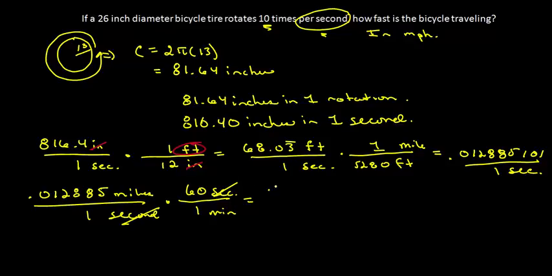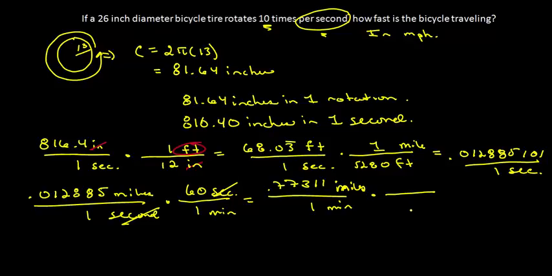So I'm going to have 0.77312, or excuse me, 311. If I round, again, where you're rounding to, the further out you go, the more accurate this is going to be. But this is close enough. So this is miles per 1 minute.